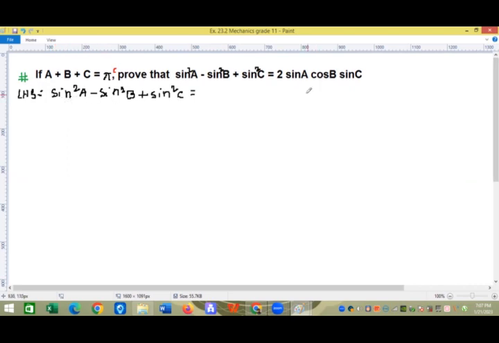So sine square a means here you know that one formula is sine square a equals 1 minus cos square a, and then we have to remember the other form of formula also. So it seems that it is a plus b plus c equals pi.